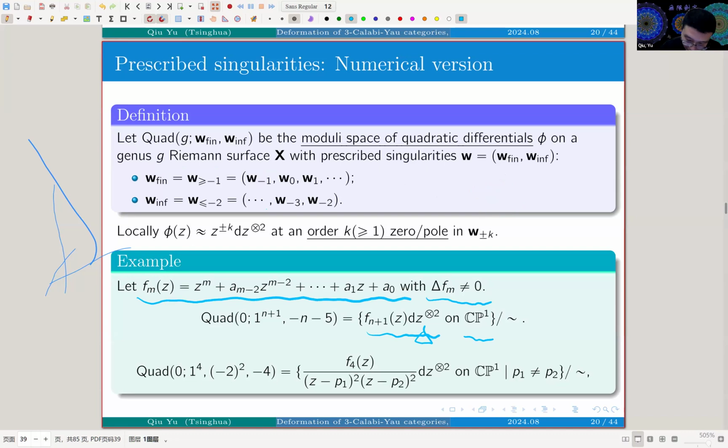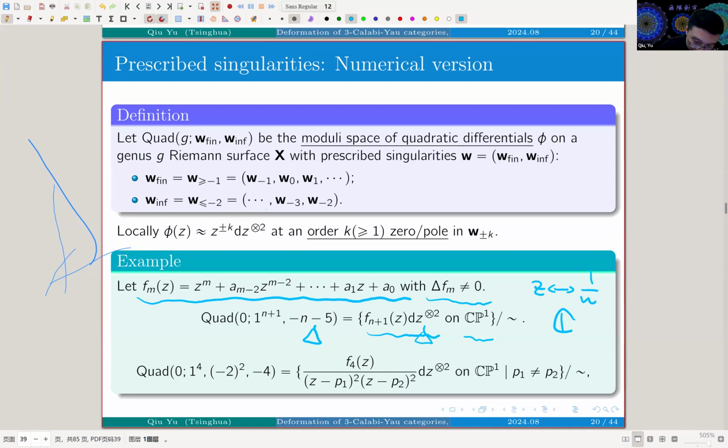And then, I mean, this polynomial, although usually it's defined on C, you can use the coordinate change to also have a definition at infinity. And at infinity, you see that it's a pole of order n-5.